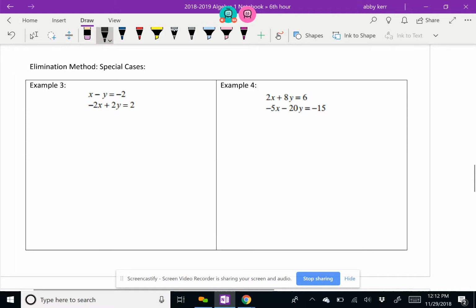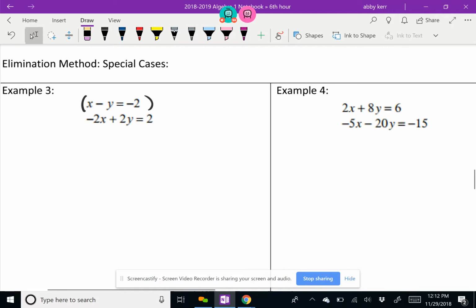On the flow map, the first box says, multiply the first equation, so I'm going to wrap the first equation in parentheses, by the opposite of the first coefficient of the second equation. Since that coefficient's -2, I'm going to multiply by 2. So 2 times x is 2x. 2 times negative y is negative 2y. 2 times negative 2 is negative 4.